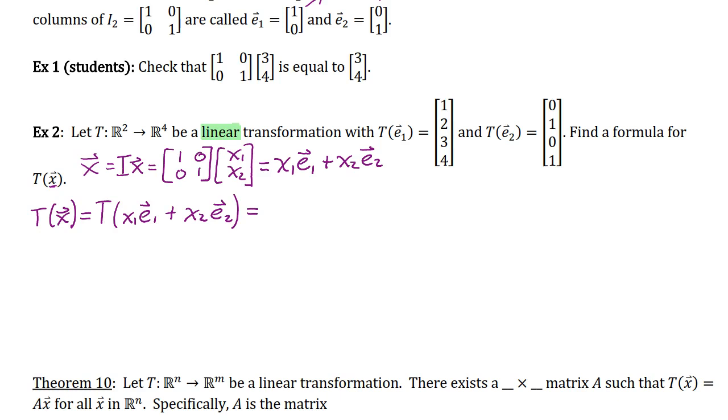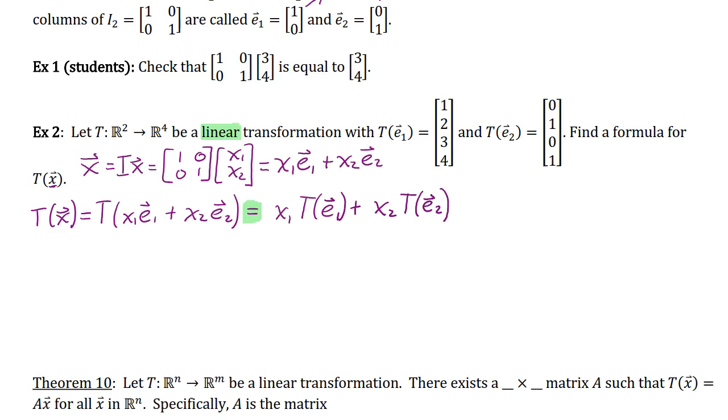And because it's linear, this must be equal to x1 times T of e1 plus x2 times T of e2. And that's doing the corresponding linear transformation with the output vectors that we're doing with those input vectors.